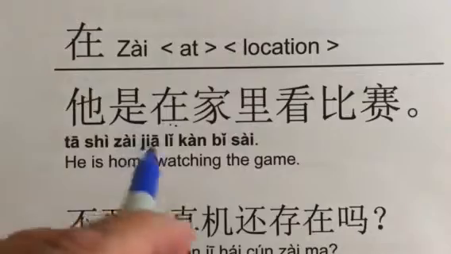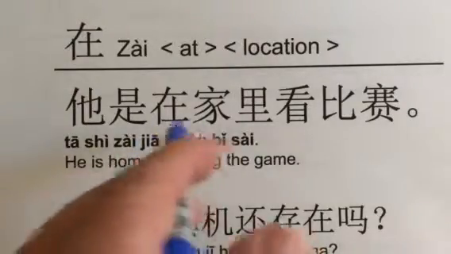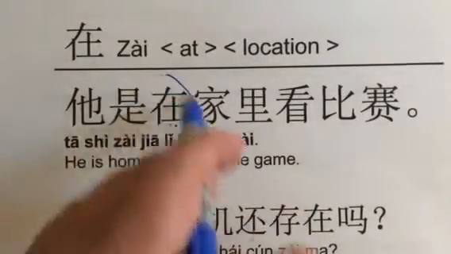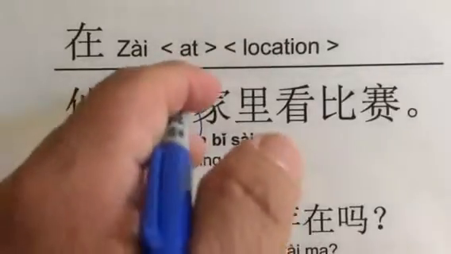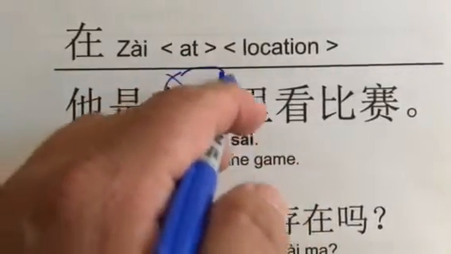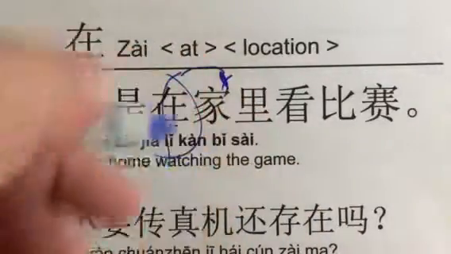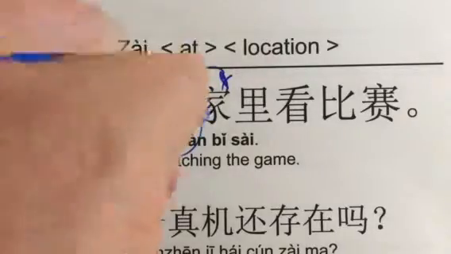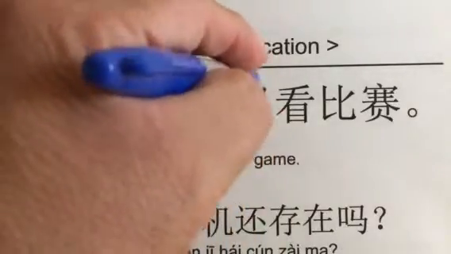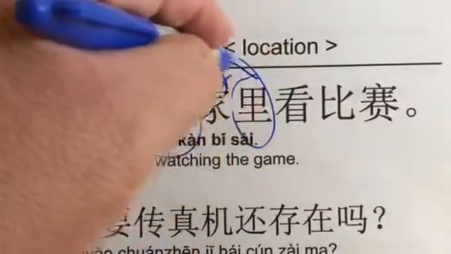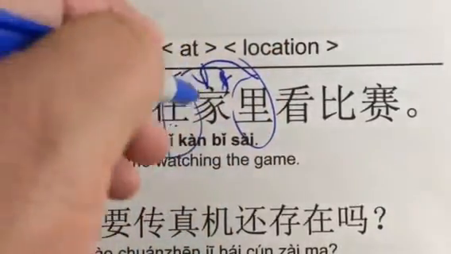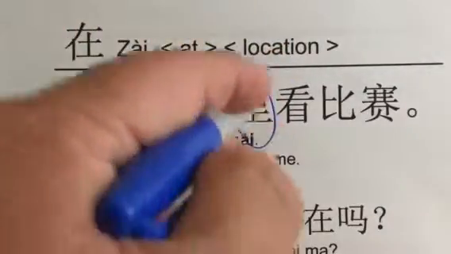Now, this character says where. What does it refer to? It refers to 家. 家 is home. And particularly, this character, Li, refers to what? It is also referring to this character of 家. Li is inside.